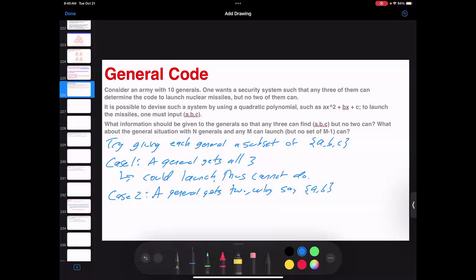So if someone knows C, the 2 can launch. Thus cannot do. So we got a contradiction if one general knows all 3. We got a contradiction if a general knows 2. What's the only case left?